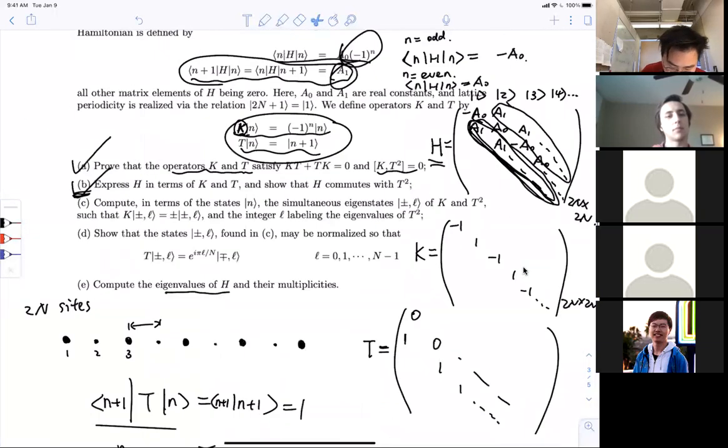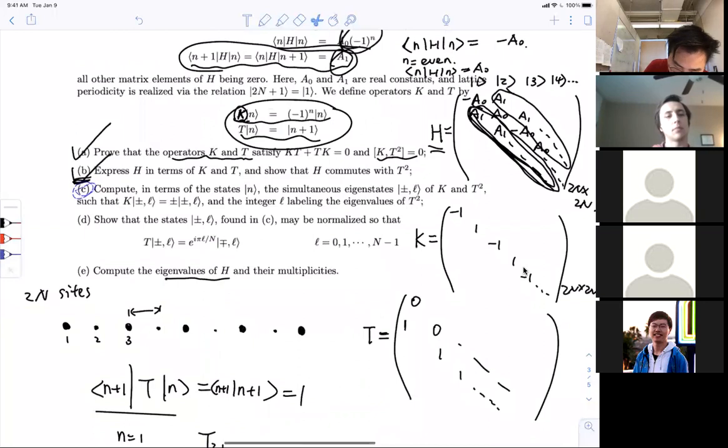Okay, so part C, we need to find the eigencats for both k and t squared, because they commute with each other, meaning that we can diagonalize them at the same time, right?